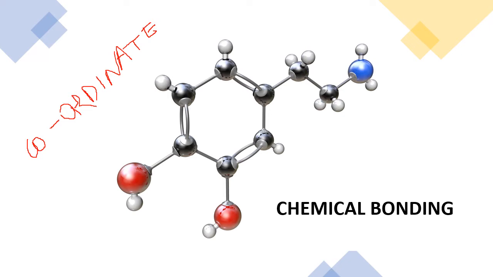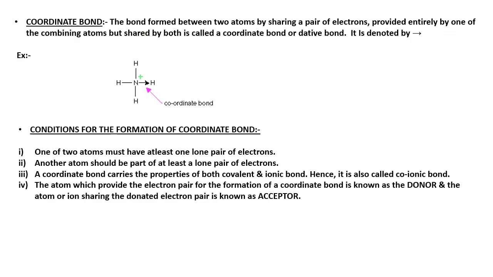Basically, what is a coordinate bond? It is the bond which is formed by the lone pair of electrons, and these lone pair electrons are involved in sharing.